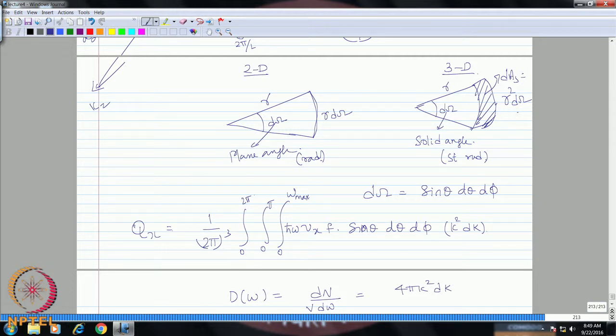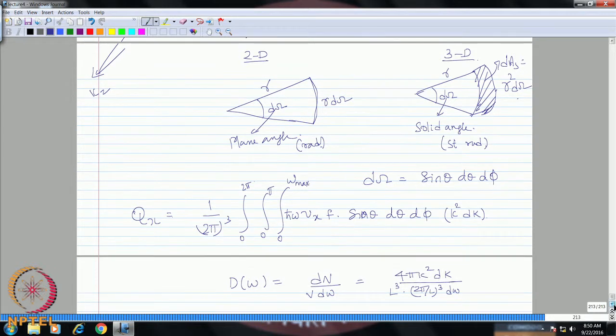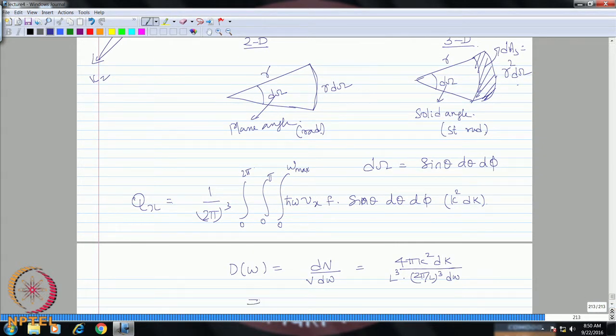This will be the volume of that annular strip divided by (2 pi by L) the whole cube, and I have the volume which is L cube, d omega.